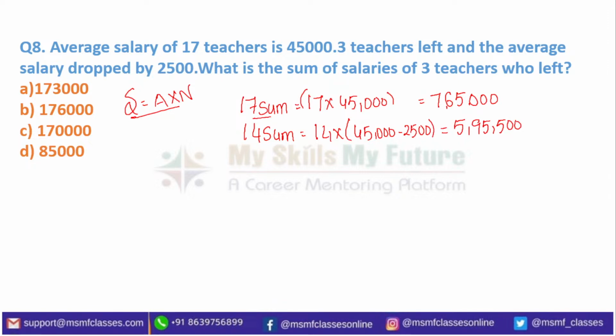This is the sum of 14 teachers, and the earlier one is the sum of 17 teachers. From these two equations, the sum of the 3 teachers who left is obtained by subtracting the second from the first: 7,65,000 minus 5,95,500.